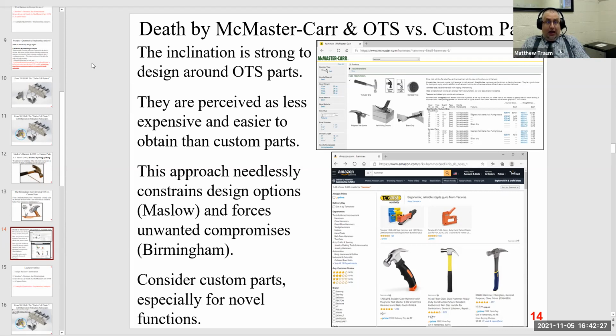People have asked me, how much calculation do I need to show that I've done, an engineering and analytical calculation for the preliminary design report? And my answer is always, well, you have to show us that you've done enough calculations to explain why a part is the way it is, right? Why is it made out of the material that it's made out of? Why is it the dimensions that it is?